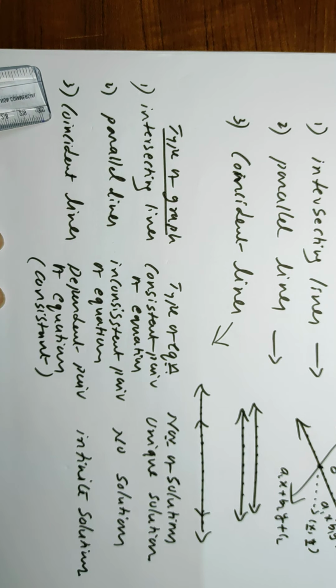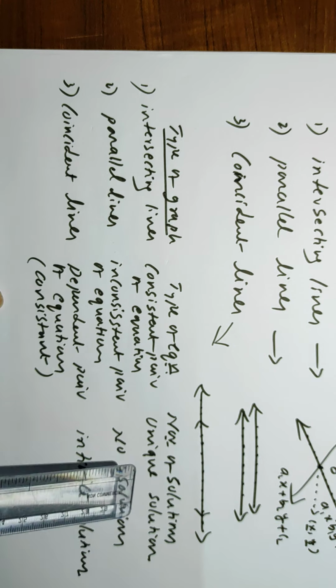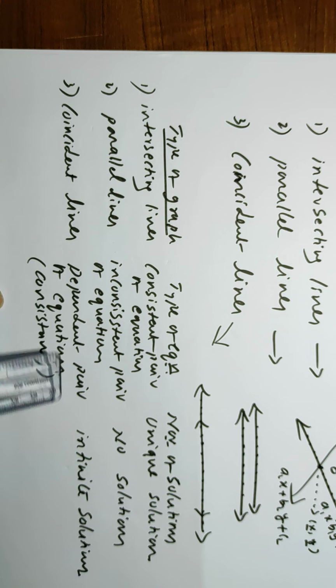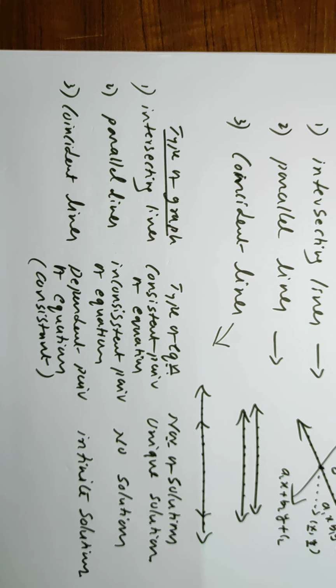If the graph is coincident lines like this, then the equations are called dependent pair of equations. Dependent pair of equations are also consistent pair of equations. Such equations have infinitely many solutions.